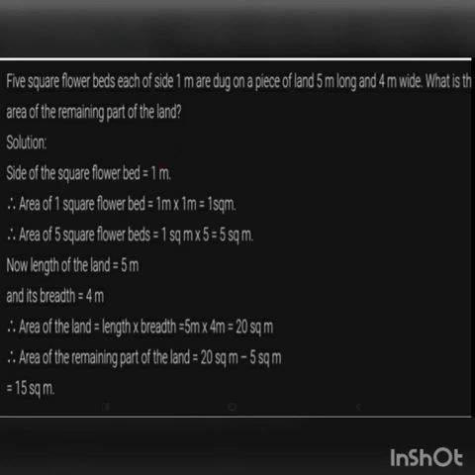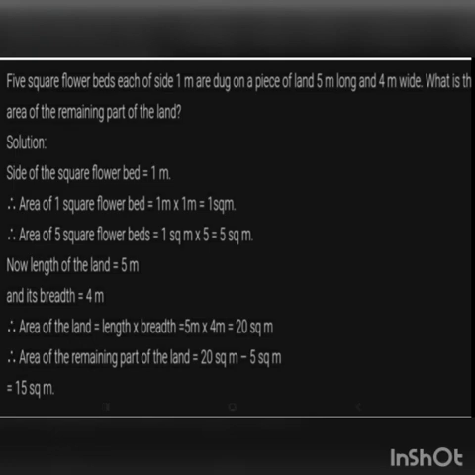So what will be the area of 1 square flower bed? 1 into 1, 1 square meter. So keeping 1 square flower bed, 1 square meter area is taken. How many square flower beds are there? 5 are there, isn't it? So the area of 5 square flower beds will be 1 square meter into 5. So the total area taken by the flower beds is 5 square meter.